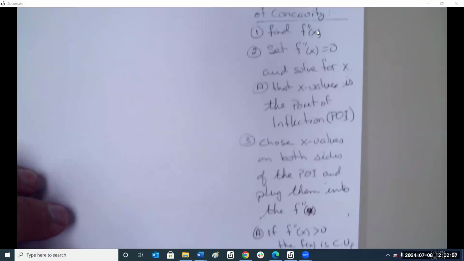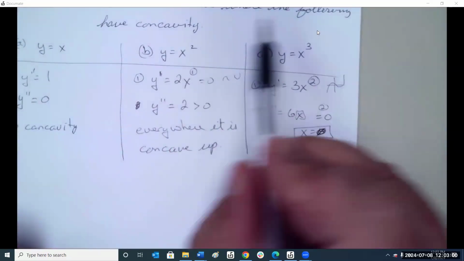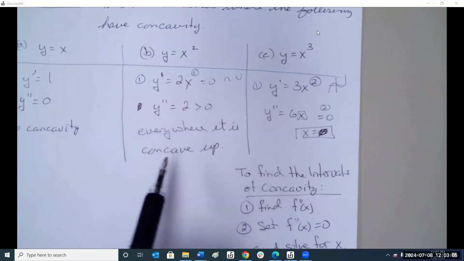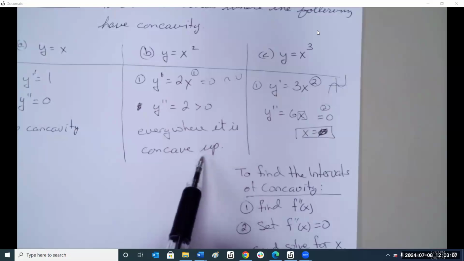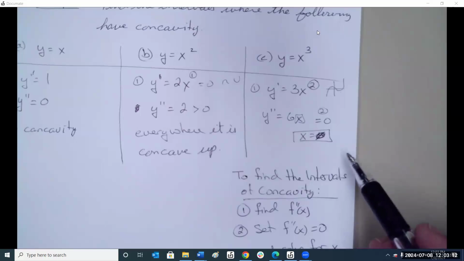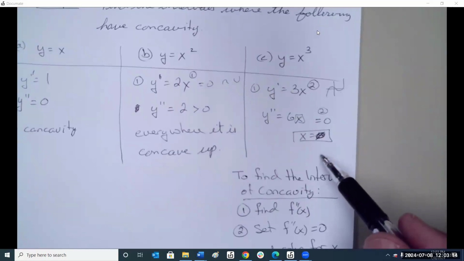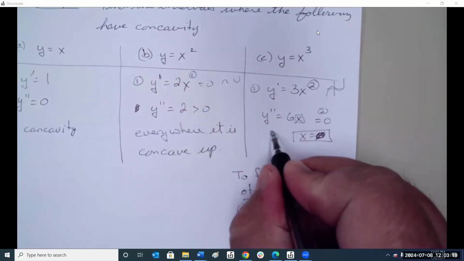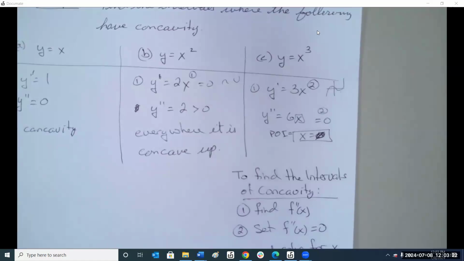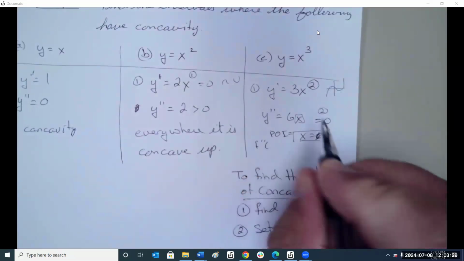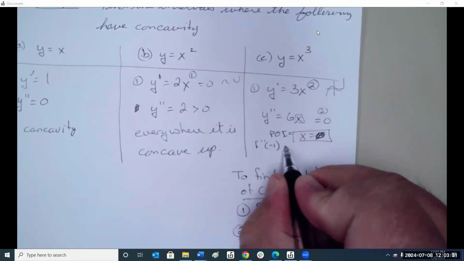Okay, so find the intervals where the following has concavity. So this one has concavity everywhere, and it's concave up. What about the next one? What about 3 or C? Since it has a point of inflection, this is my POI. What happens to the left? Let's put -1 inside there.